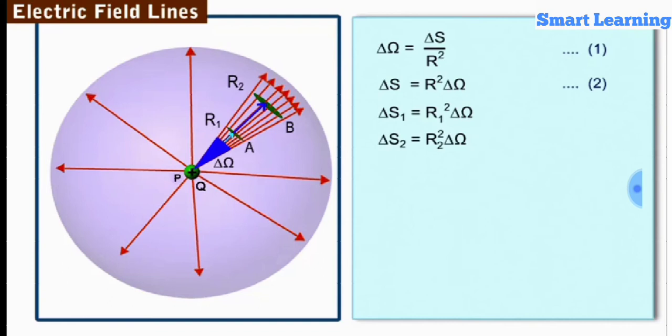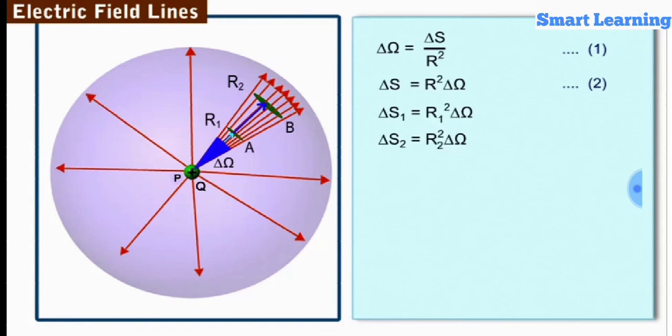The number of field lines, say n, passing normal to delta S1, delta S2 is also the same. The number of field lines passing normal to a unit area is equal to electric field strength E.